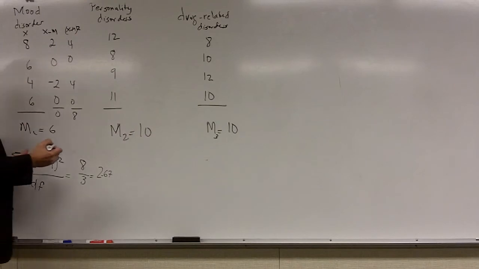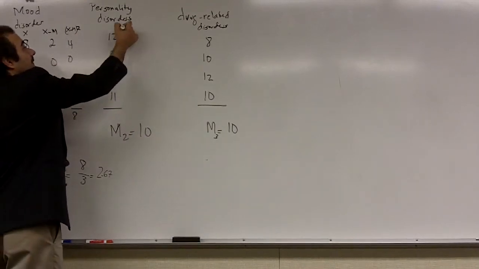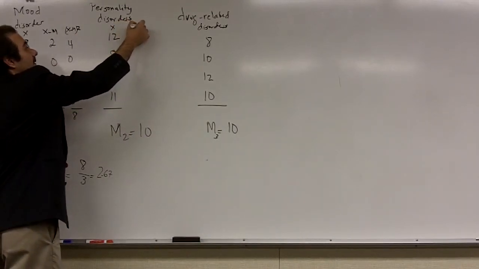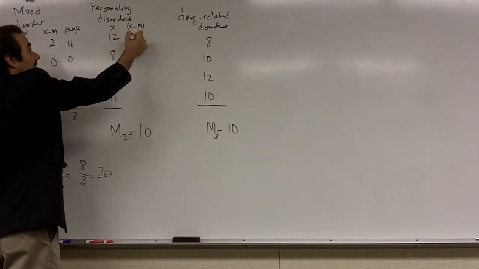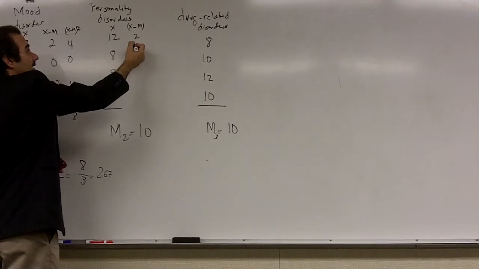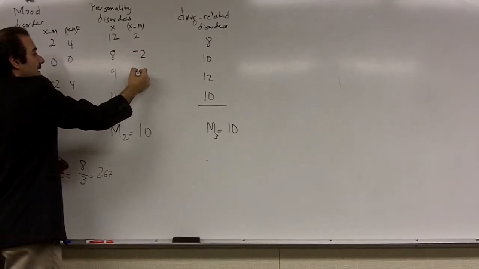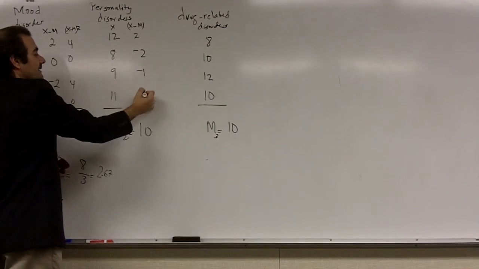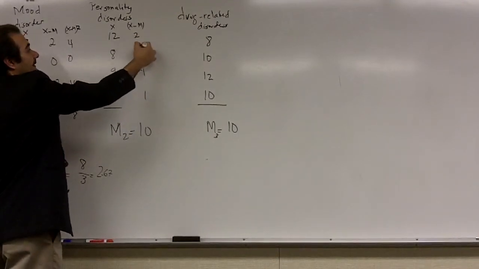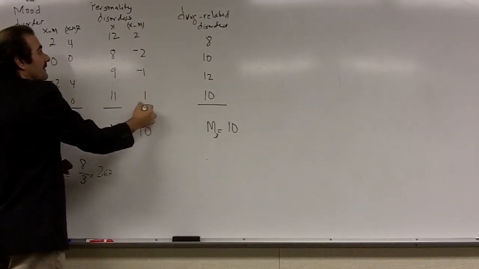What's the variance of the second one? So you've got x minus m. You've done this multiple times, so I'm not going to focus on it too much. 12 minus 10 is 2. 8 minus 10 is minus 2. 9 minus 10 is minus 1. 11 minus 10 is 1. You add these together, and you get a 0. That's right.